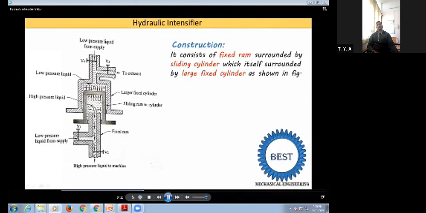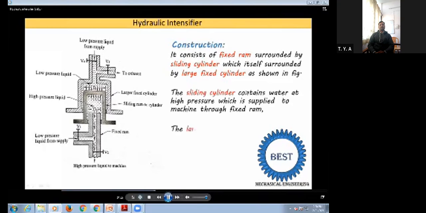One is an inlet and one is an exhaust valve. Here no high pressure is supplied, only low pressure liquid is supplied here, and again the low pressure liquid is exhausted from this place. On both ends, one is an inlet and one is an outlet. So V1 and V4 are inlet valves and V3 and V2 are outlet valves.